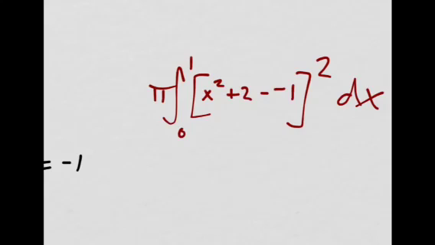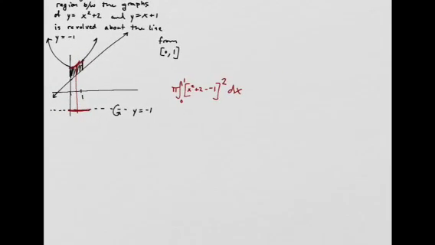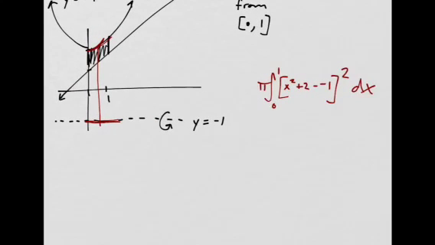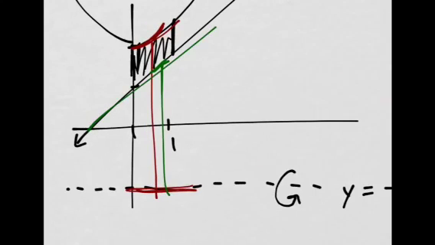And don't forget the pi. That's the volume of the large outside solid, the whole thing without anything missing. We want a disc with a hole in it, so we're going to take out this volume by calculating the radius, which would be this function minus negative 1.